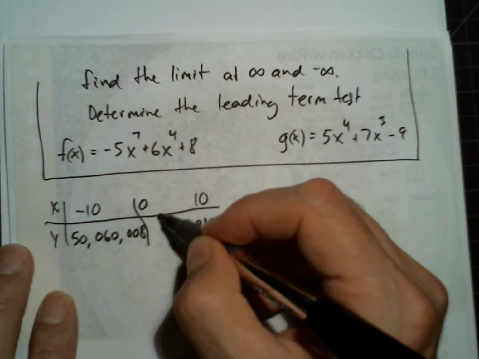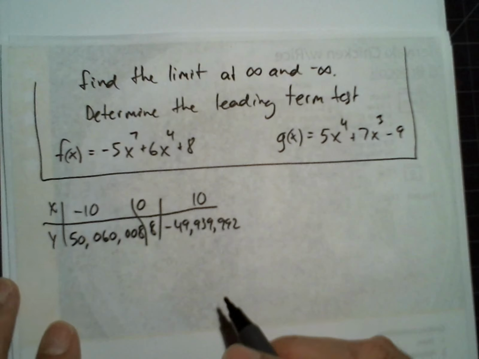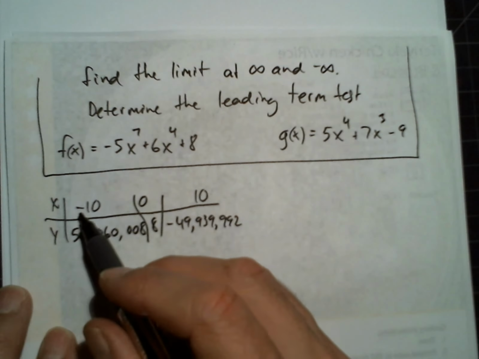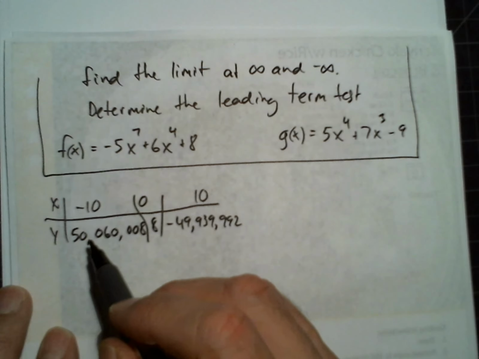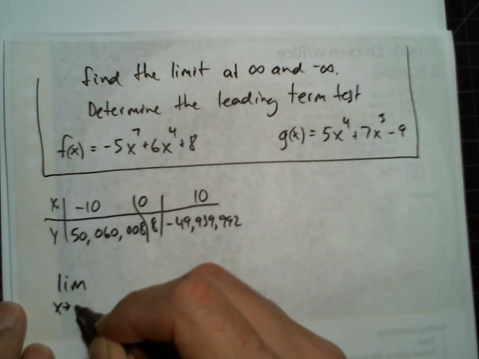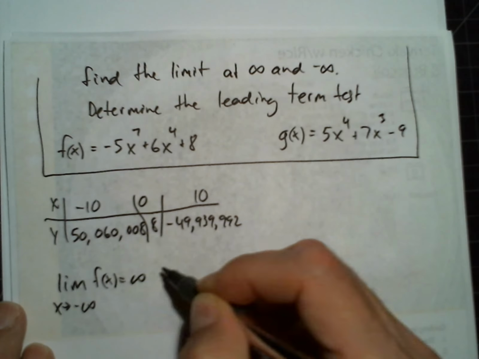And at 0, we plug a 0 in there and we get 8. Alright, so we see from this, as we go to the left, y goes to positive infinity. Limit as x goes to negative infinity is positive infinity.